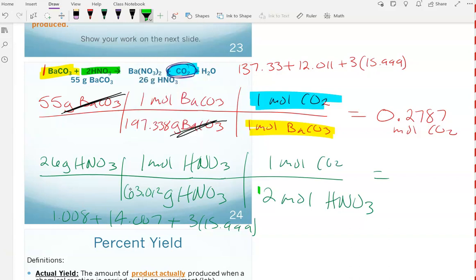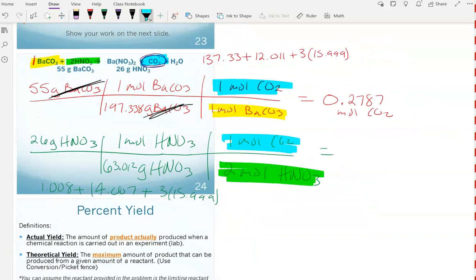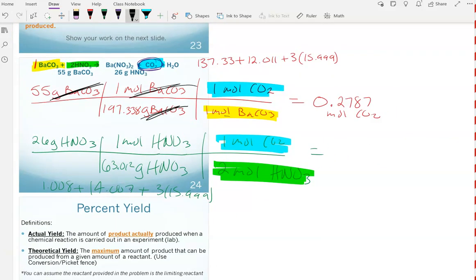So again, this is coming from the equation, and this is also coming from the equation. We're converting both into the same product. I'm going to cross off my units. So then I would have 26 times 1, which is 26, divided by what's in the bottom, which is that 63.012 times 2. So I would get 0.2063 moles of CO2.